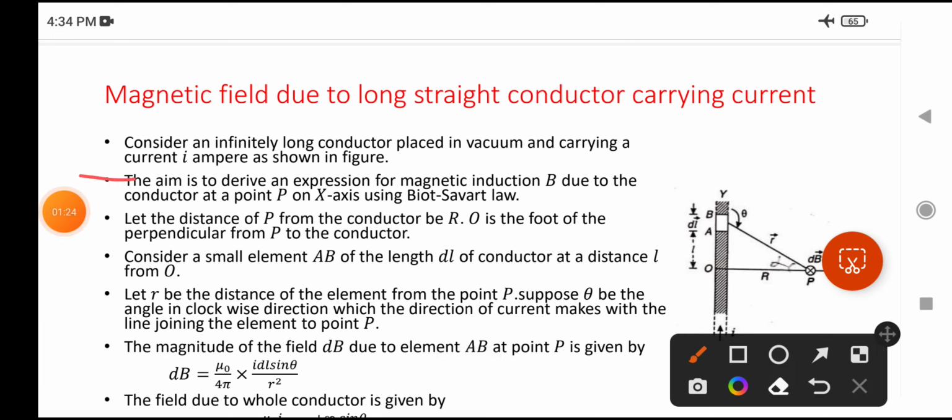The aim is to derive an expression for magnetic induction B due to the conductor at a point P on the x-axis using Biot-Savart law. So by using Biot-Savart law only, we have to calculate B at a distance from the conductor.